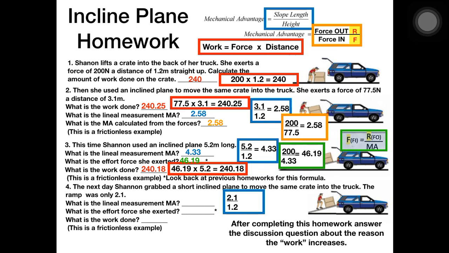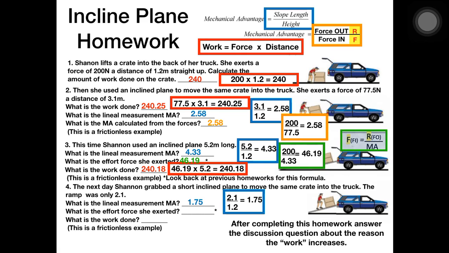The height, same truck all the time. The bumper hasn't changed. The back of the truck is at the same height. So 2.1 divided by 1.2 equals 1.75. So the lineal measurement MA is 1.75.